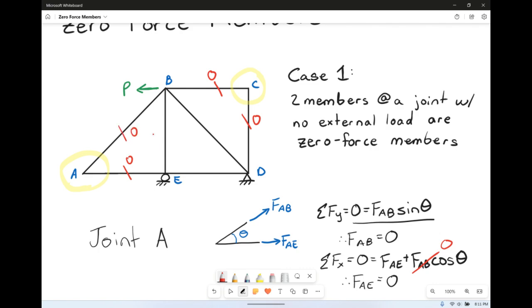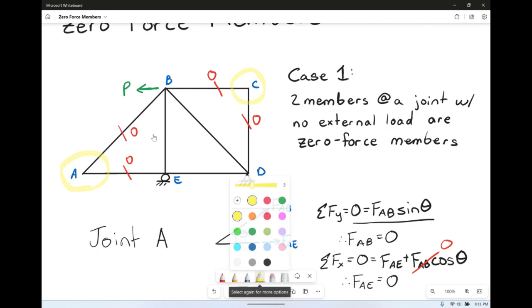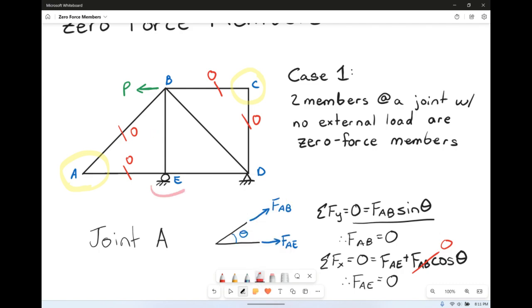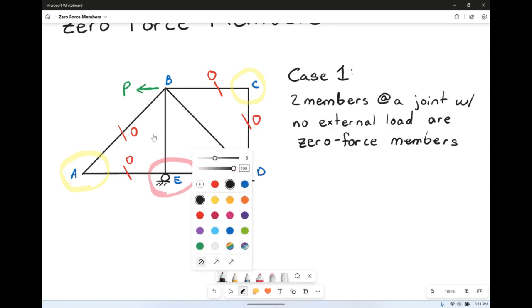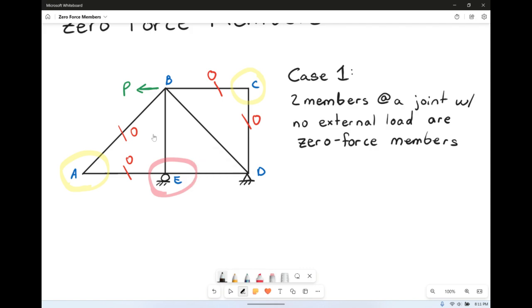Now we can take this a step further and analyze joint E. If we look at joint E, after we've analyzed the rest of our zero force members, then we're actually going to find one more zero force member.